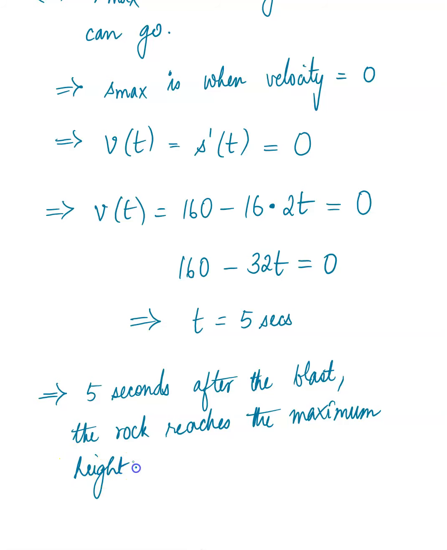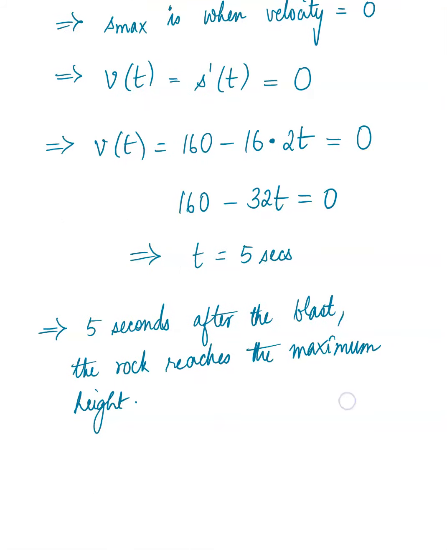Notice how you understand the circumstances and reason out what would happen when it reaches a maximum height, and the biggest clue we used was that the velocity will be 0. From there we were able to pick up the idea of finding S max when the velocity is 0.